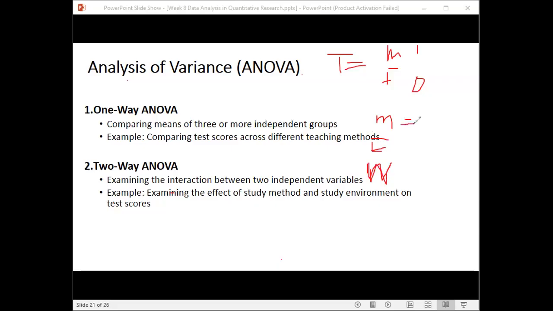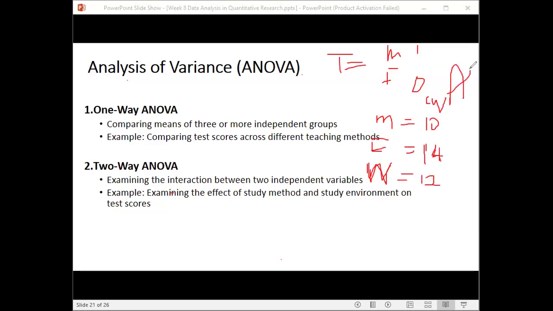So if the CWA for morning is 10, evening students CWA is 14, and weekend CWA is say 12, and I want to find out or test whether there are differences between the CWA for morning, evening, and weekend, I cannot go and use the t-test. Why?